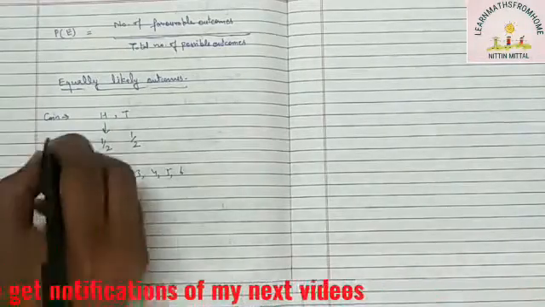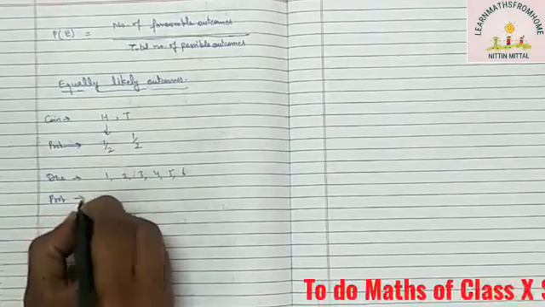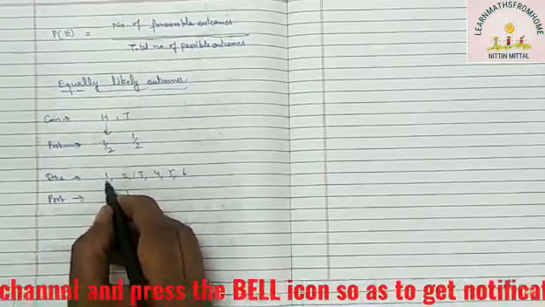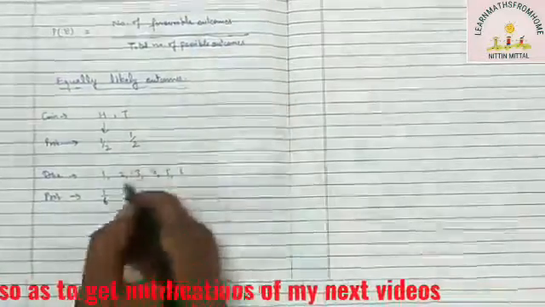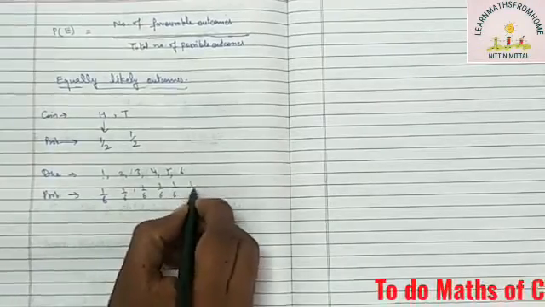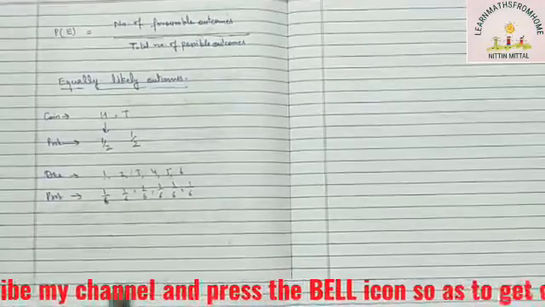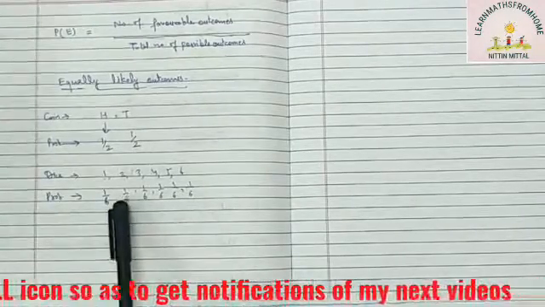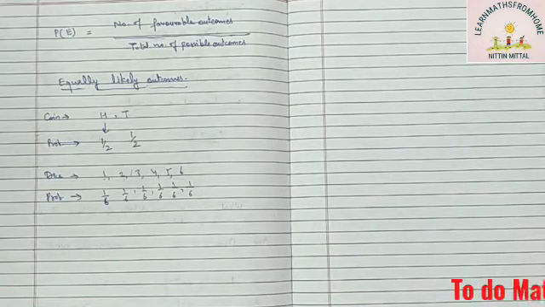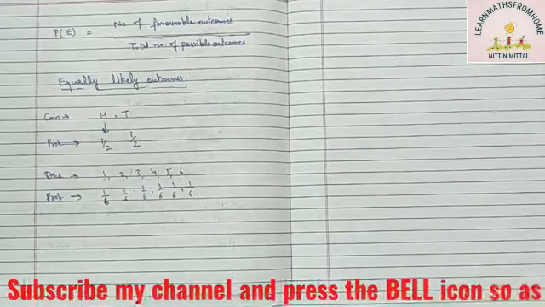The probability of each of these elementary events will be 1 by 6. What is the probability of getting 1? Favorable is 1 and total is 6. So 1 by 6. So the probability is 1 by 6 in case of all these elementary events. Each of the events has the same chance to occur. So these are known as experiments in which we have equally likely outcomes.